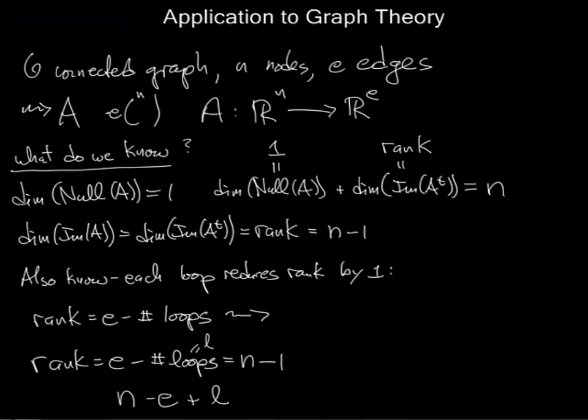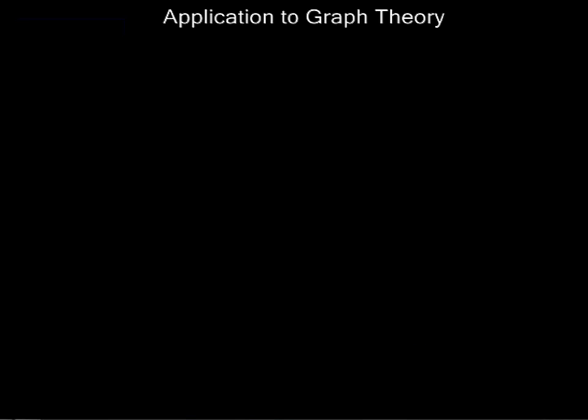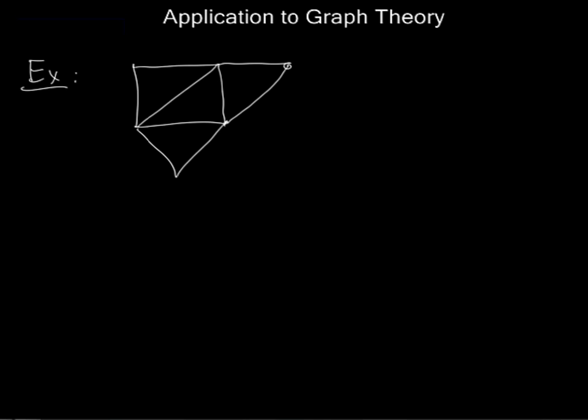So you get the following rather interesting equation: the number of nodes minus the number of edges plus the number of loops is equal to 1. This is a very famous formula from mathematics. It's called Euler's formula. It tells you about exactly this relation between nodes, edges, and loops when you have a graph. And I should say I'm sweeping under the rug the point that all of our graphs are what are called planar graphs. We're drawing them in the plane.